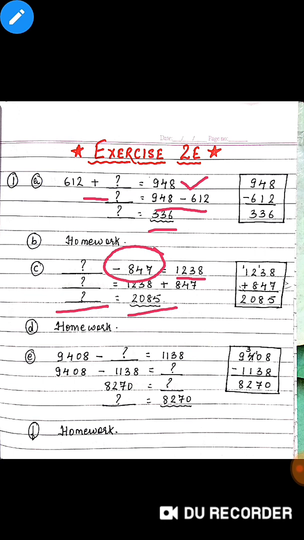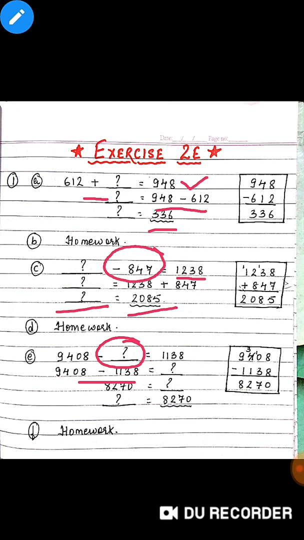Now let's come to the E part, where you have to find the subtrahend. Okay, so here the bigger number, that is 9408, is already given to you, and then you have to subtract it with something to get 1138. So in this case, children, this number will be taken to the right and it will become a positive number, whereas 1138 comes towards the left and it becomes the minus sign.